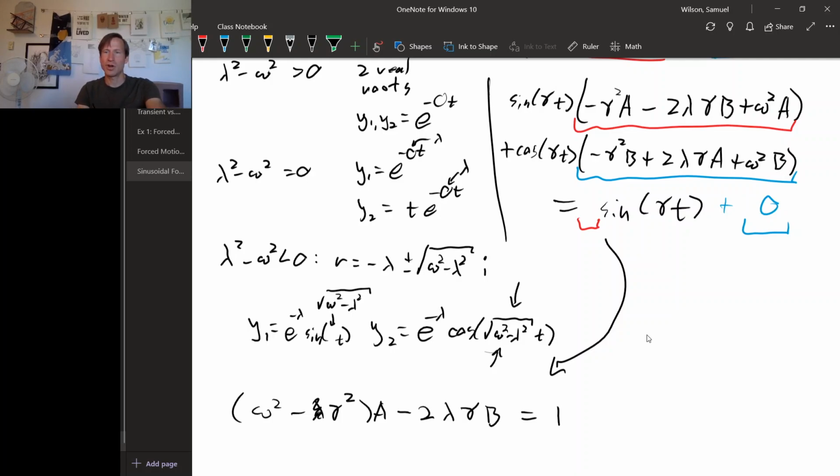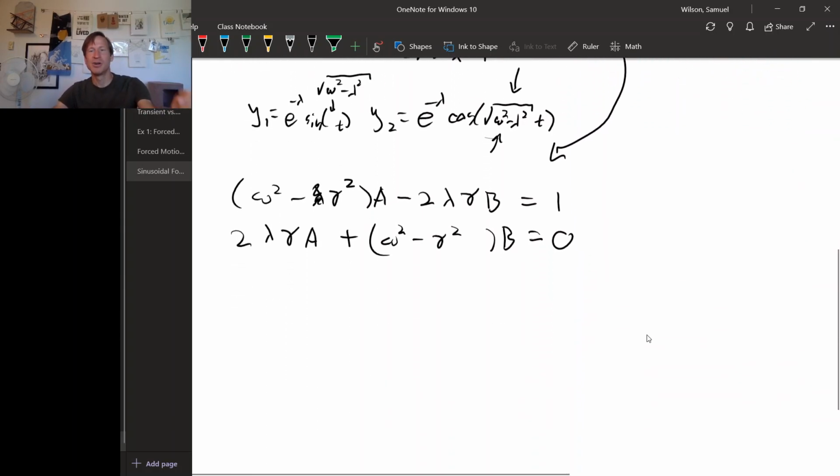And then for coefficients on cosines, for A's we have 2 lambda gamma A plus, and then we'll factor out the B from the remaining terms, omega squared minus gamma squared, and this all has to be equal to 0.